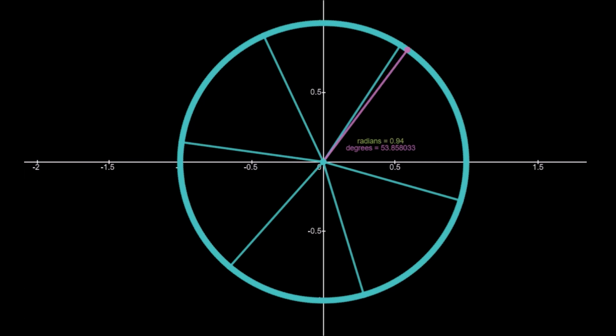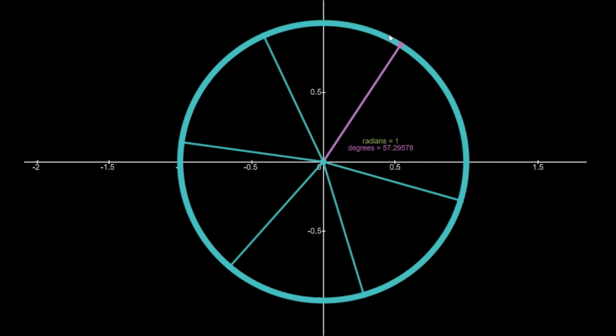So that is going to sit right over the top of that blue line whenever we've got a value of 1 radian. So 1 radian then is equivalent to 57.29578 degrees, or approximately 57.3 degrees. So that's another thing to note. 1 radian is equal to 57.3 degrees.